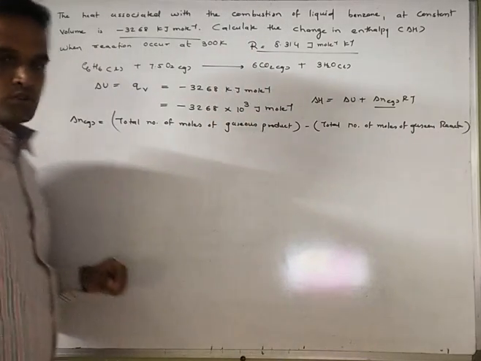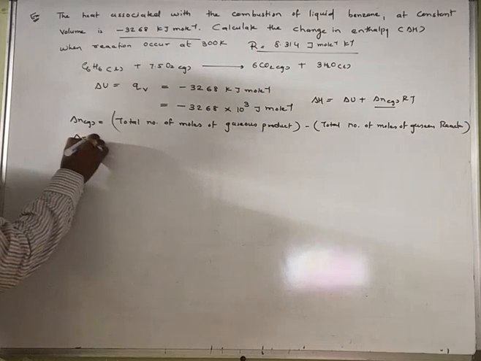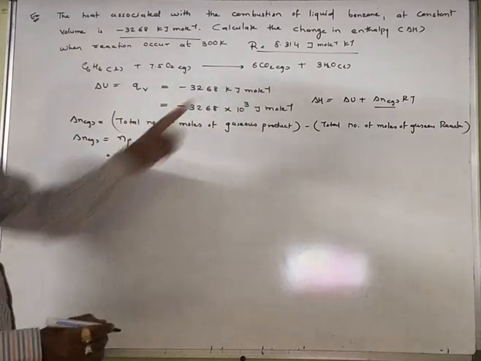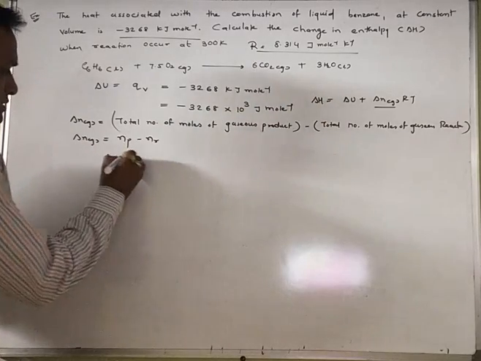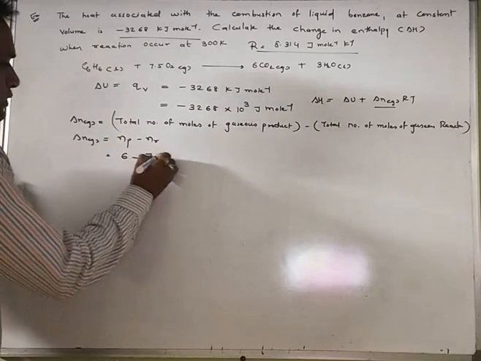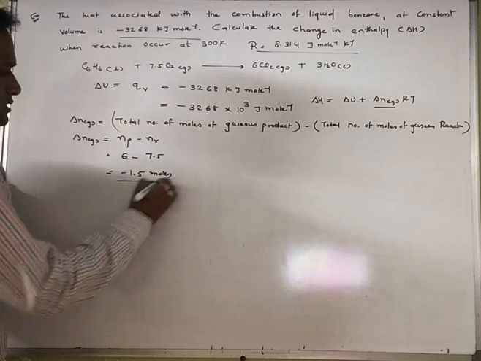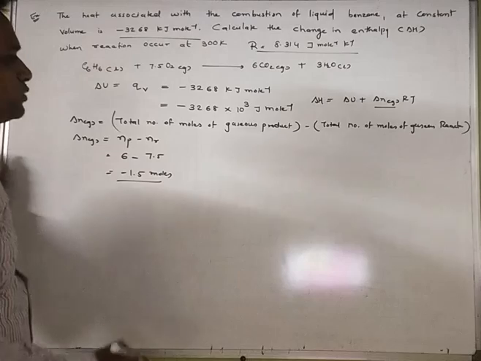Understand? So I can write here that delta Ng equals Np minus Nr. Here look, moles of gas is 6 minus 7.5, so minus 1.5 moles. Understand? Put here, you can get the answer.